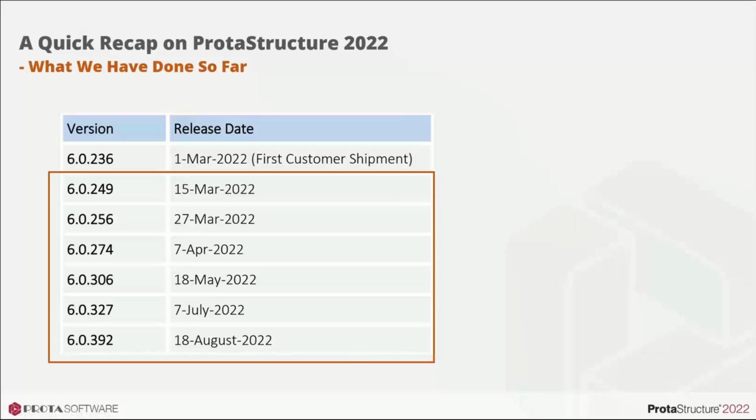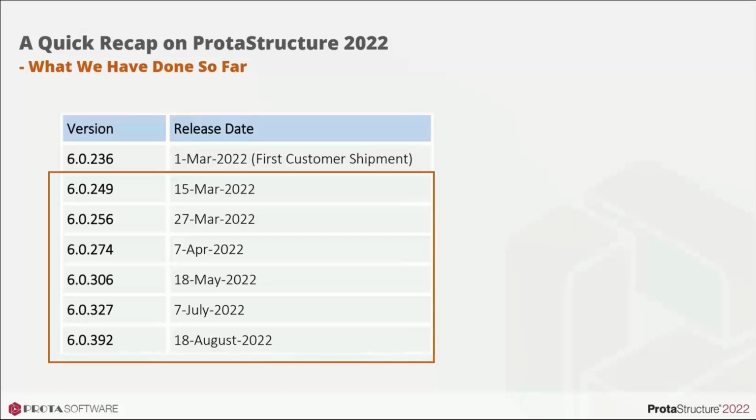So, as I said, we have released ProtaStructure 2022 on the 1st of March. It was the first customer shipment. After that, we have released 6 maintenance updates, each including major new features, significant performance and stability improvements.